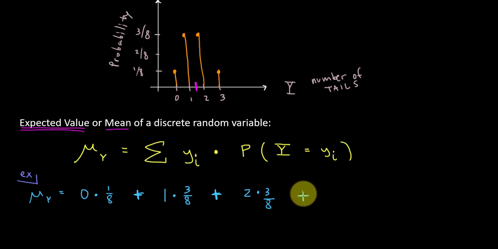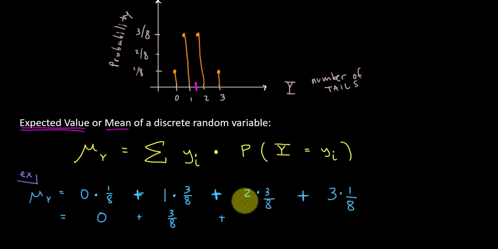Last, not least, 3 tails, probability 1/8. And you certainly could just go and crunch away on your calculator on this, but I'm going to resist the temptation and notice that I've got a common denominator here of an 8. So I can do a lot of work without relying on a calculator.